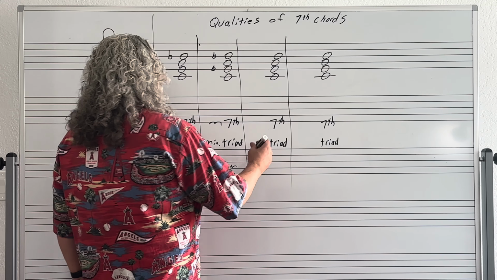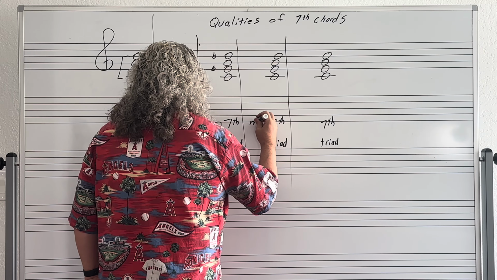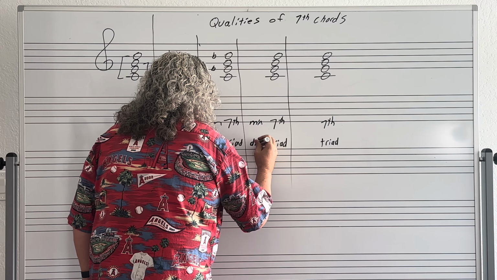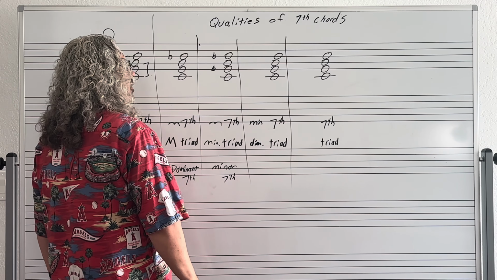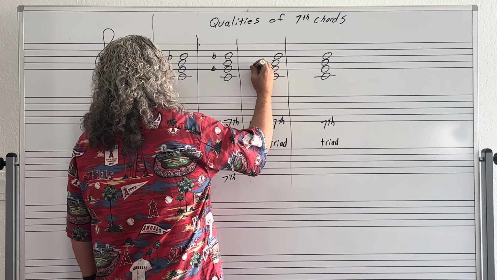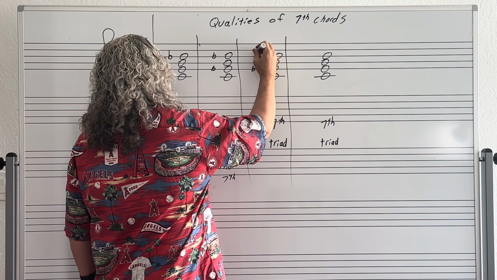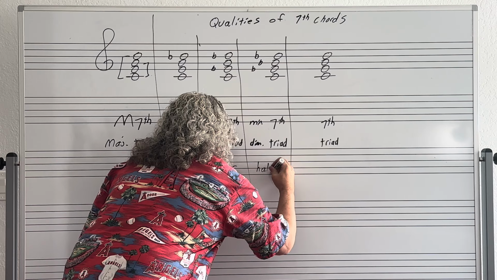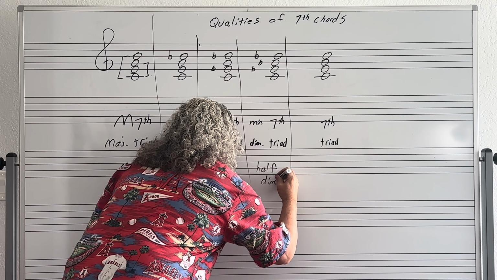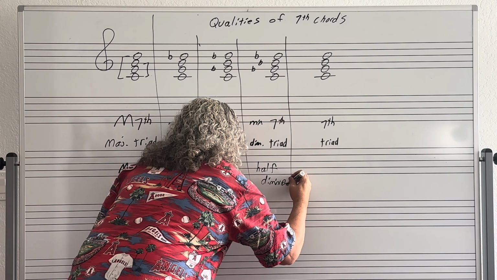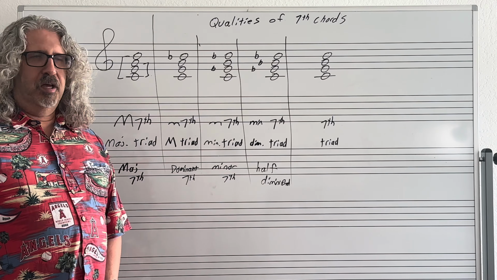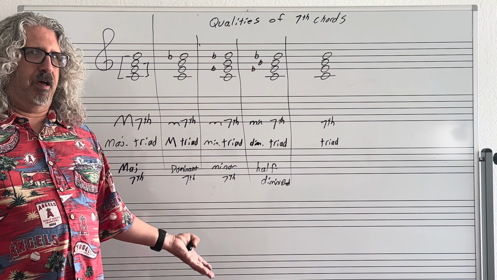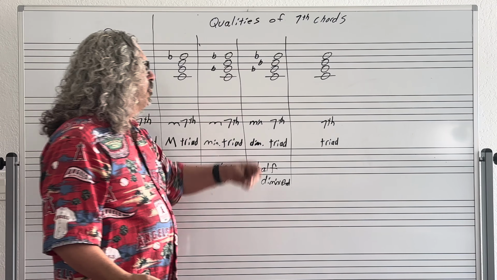Another one is when we have a minor 7th, but now we have a diminished triad, okay? So now let's write a diminished triad and let's write a minor 7th. This we call a half diminished, okay? If there's half diminished, well, then maybe you should have a fully diminished, which we do right here.